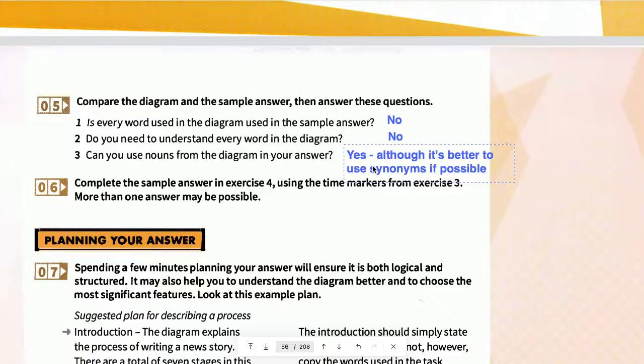Although it's better to use synonyms if possible.